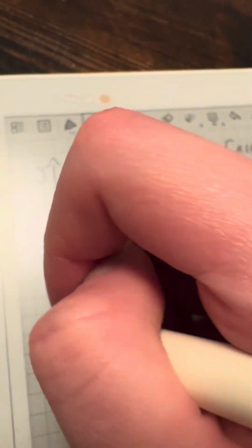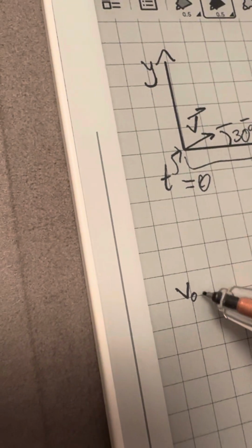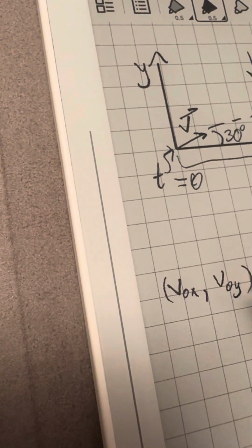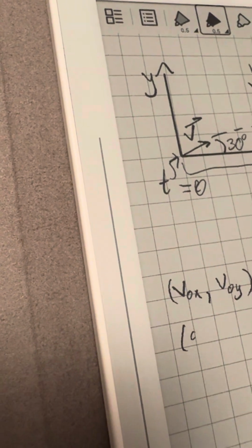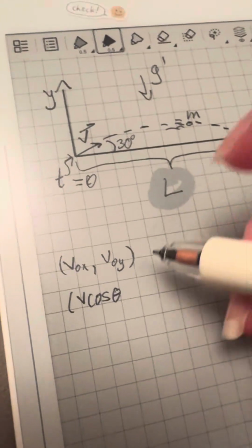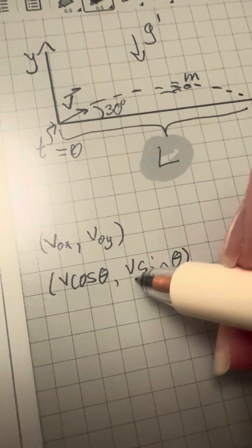We know that the initial position, we start with the x. I always start with the x, and the velocity in the x and in the y are equal to v cos theta and v sin theta. Here we have the zeros.